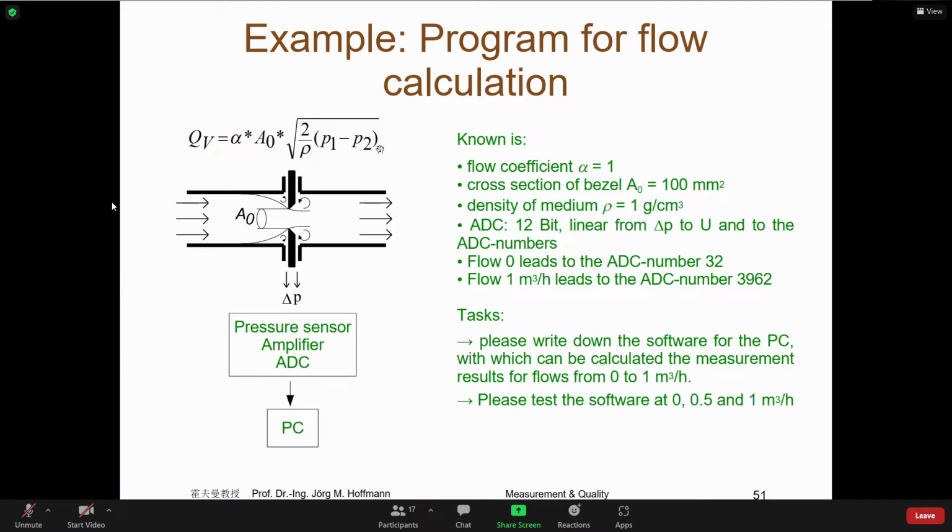And the most important thing is the delta of the pressure, because when you have a higher flow, then you have an increase of the delta of the pressure. And that is what you would like to measure. But you see, here is a root in. That means the dependency is non-linear.